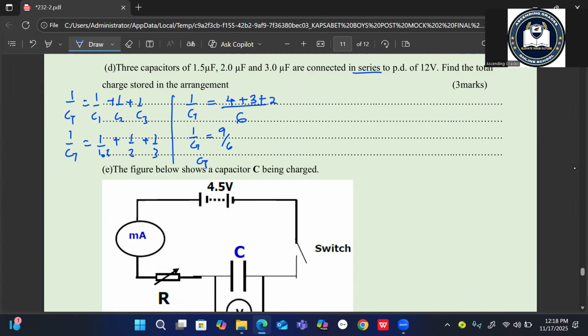Meaning that CT equals 6 over 9, which is equal to 0.667 microfarads.